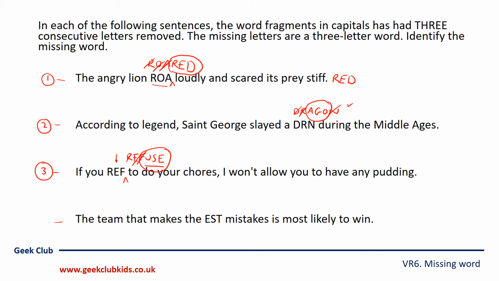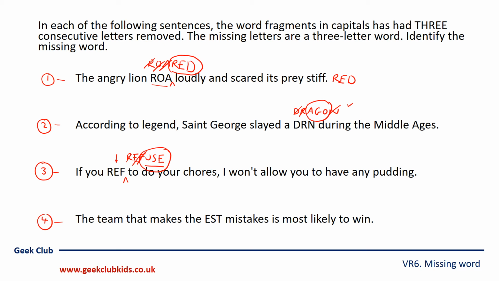All right, last one. Question 4. The team that makes the something mistakes is the most likely to win. Okay, from the context of that sentence, we're thinking of what would make a team most likely to win. Well, you probably have to make the least mistakes.